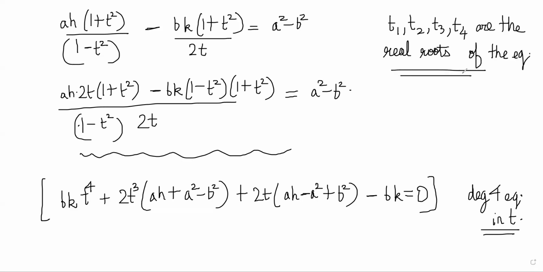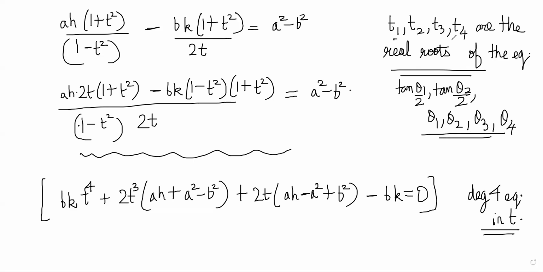If t1, t2, t3, t4 are the real roots of these equations, then obviously there will be angles tan theta 1 by 2, tan theta 2 by 2. These are the real roots basically for the equation. So there are corresponding angles theta 1, theta 2, theta 3, theta 4 corresponding to these four roots, right? So which means that the normals at these 4 points are concurrent at (h, k), right?